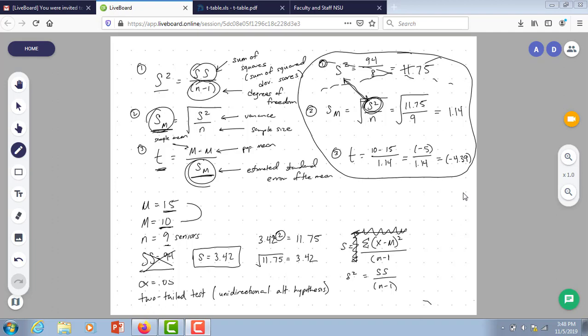Once you get the variance, then you can just simply plug it where it needs to go and move throughout that equation and then complete your last equation that's dealing with the t. If you're just flat out given the variance, which wasn't the case in this example, of course, then you don't even have to worry about step 1.